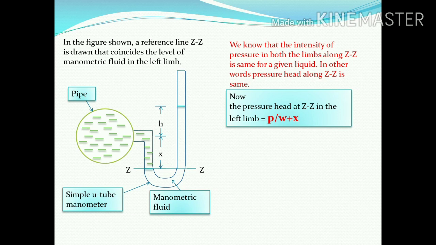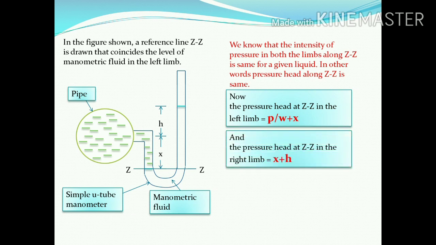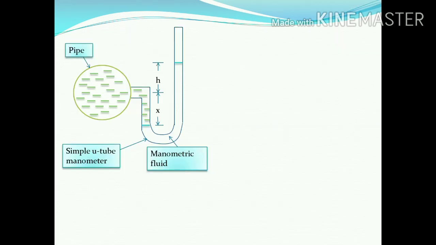So the pressure head at ZZ in the left limb is equal to P by W plus X, and the pressure head at ZZ in the right limb is equal to X plus H. But P by W plus X is not equal to X plus H. As long as the pressure head in the left limb is not equal to the pressure head in the right limb, we cannot solve the equation. How can we equate the pressure heads? Let's understand.